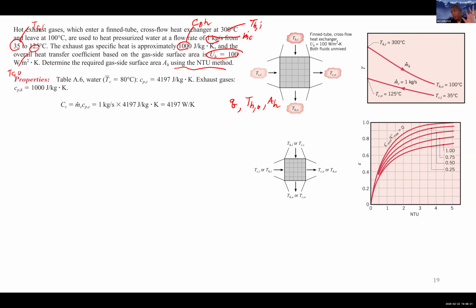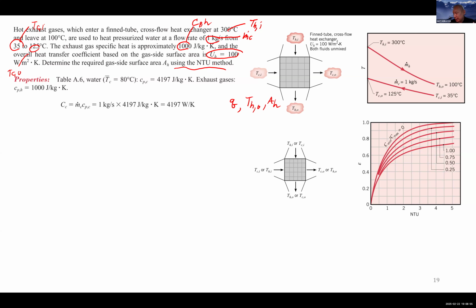So, no problem. The benefit of using the NTU effectiveness analysis is that it can engage with the case when you have just two temperatures. Or even if you have 3 or 4 temperatures, you still can use the NTU effectiveness method.